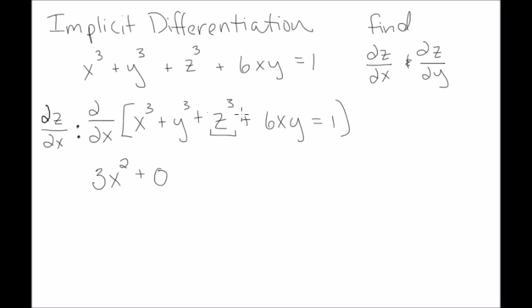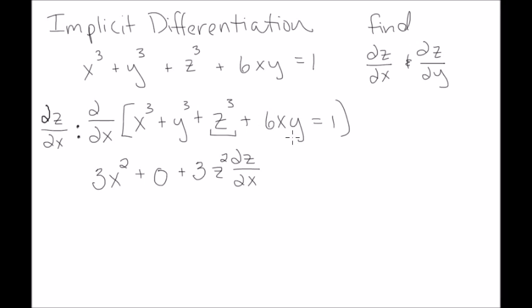Z, however, is an implicit function of x, so I'm going to use the chain rule. I get 3z squared times the derivative of z with respect to x. So that's just an application of the chain rule.